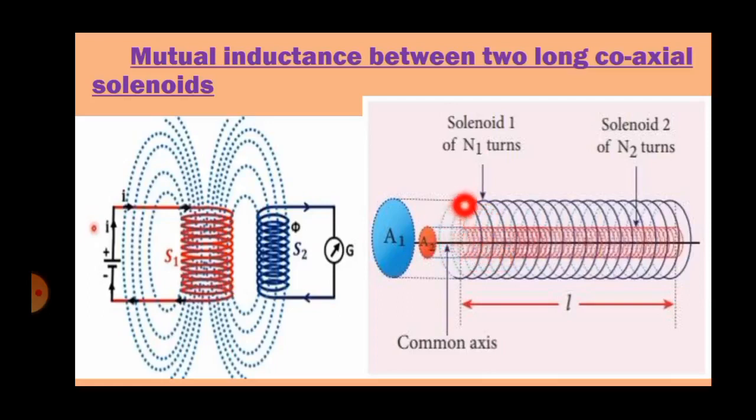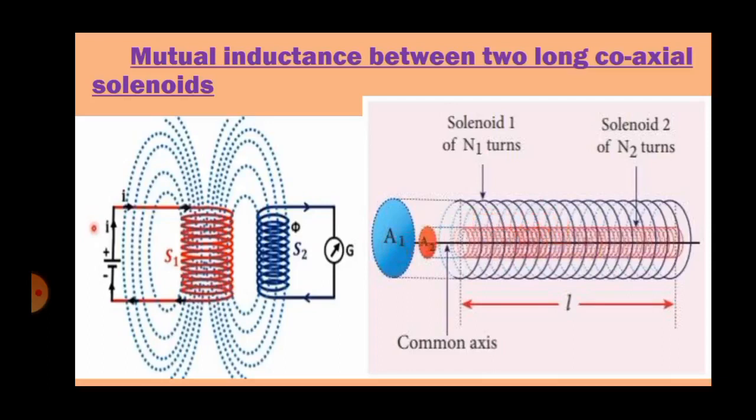The number of turns of solenoid 1 is N1, and the number of turns of solenoid 2 is N2. The length of the solenoids is L, the same for both. The length of the solenoid is large compared to the radii, so that the magnetic field produced inside the solenoid is uniform and the fringing effect at the ends may be neglected.